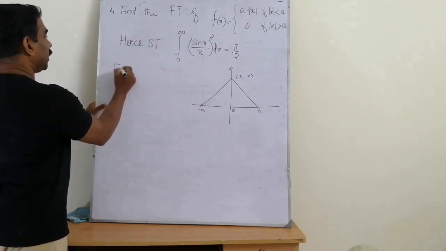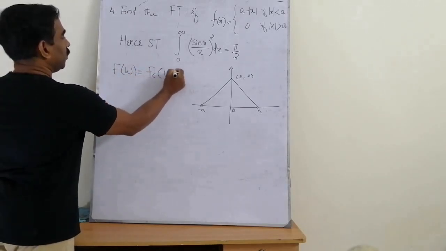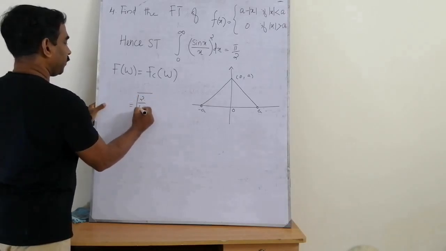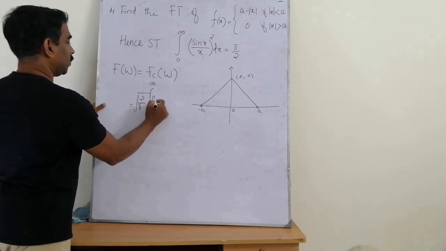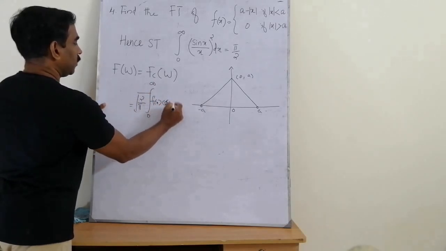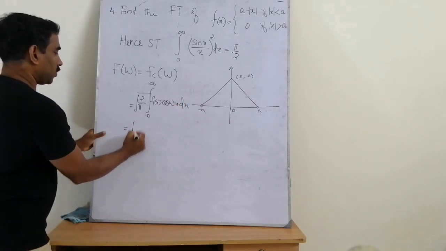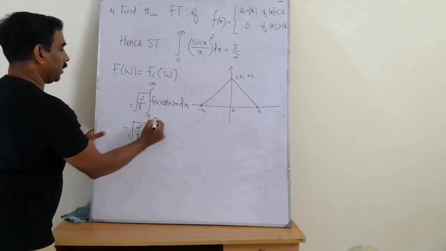So Fourier transform F(omega) equal to the Fourier cosine transform Fc(omega) is equal to square root of 2 by pi integral 0 to infinity f(x) cos omega x dx, equal to square root of 2 by pi integral 0 to infinity.